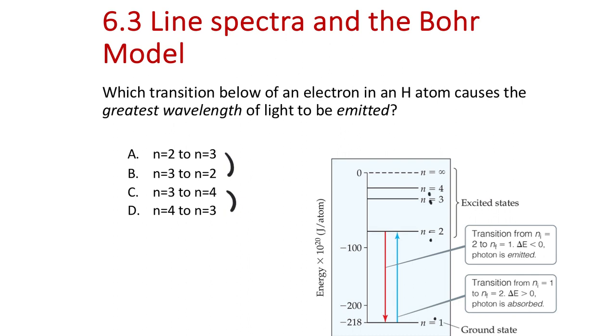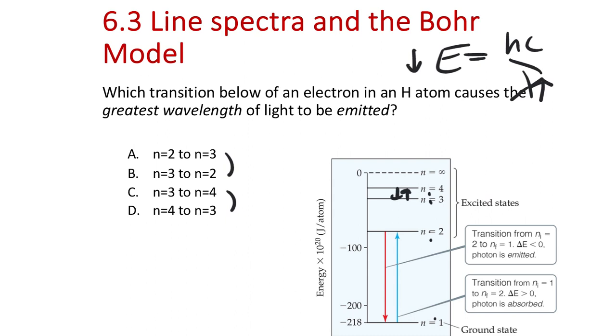So the lowest energy transition of the choices is the 3 to 4 and 4 to 3. And so those are going to have a lower energy transition. And so again, energy versus wavelength, if those are the lower energy transitions, those correspond to having the greater wavelength. So the greatest wavelength transition is the lowest energy transition. So it's going to be either the 3 to 4 or the 4 to 3.